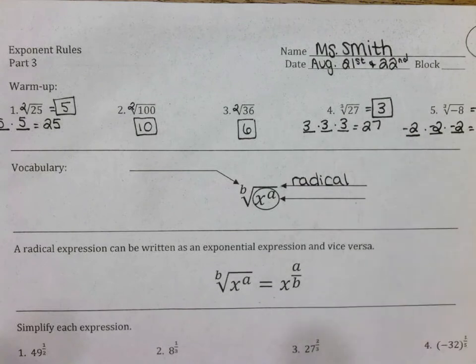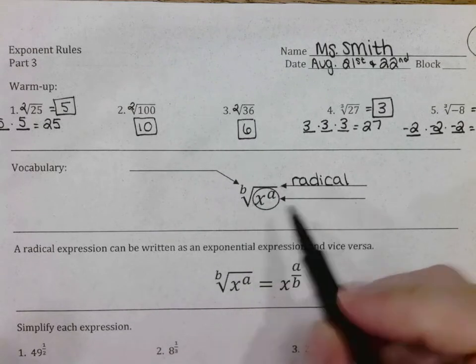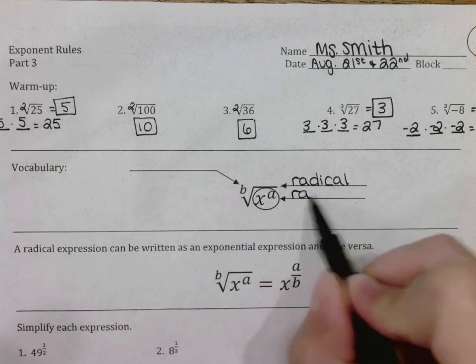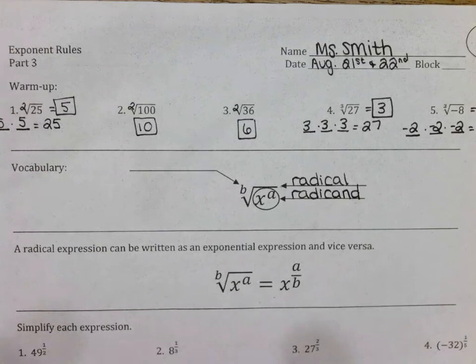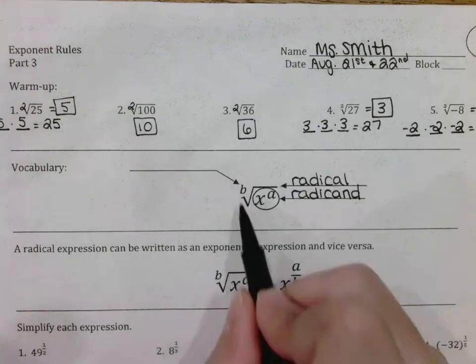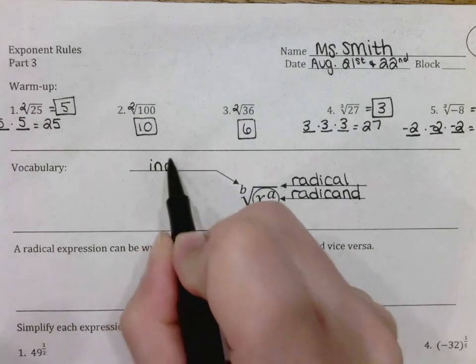Could be a 4th root, 5th root. So we don't necessarily just want to say square root. The stuff underneath it, inside the radical, we're going to call that the radicand, spelled like this. So it's everything inside the radical. And then this little number right here, we're going to call an index.